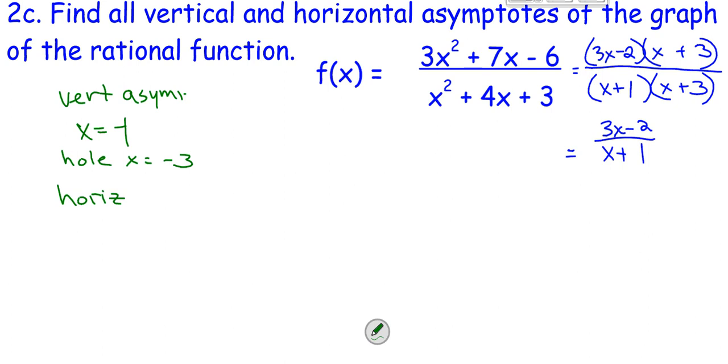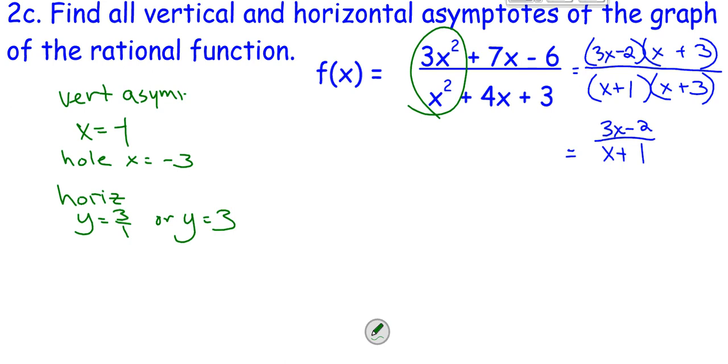These coefficients are the same, and notice the same thing happens in my reduced polynomial as well. They continue to be the same, and so y equals 3 over 1 or y equals 3 is the horizontal asymptote as well. So that's finding the asymptotes.